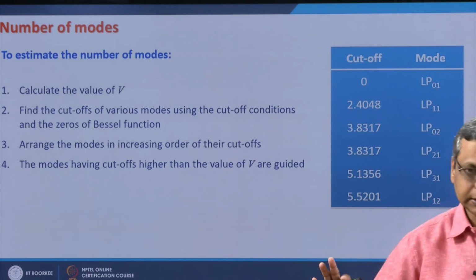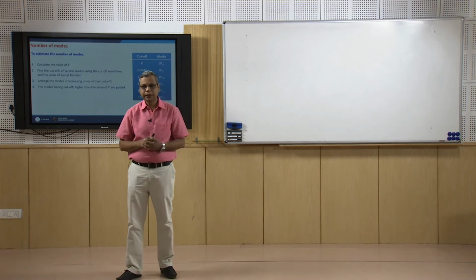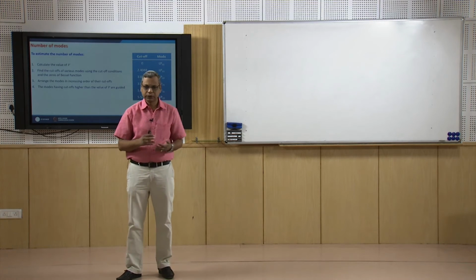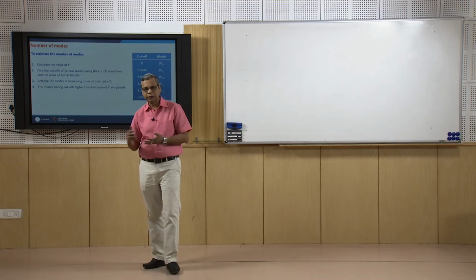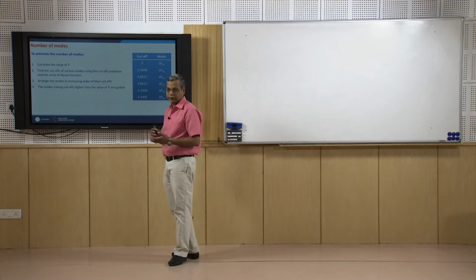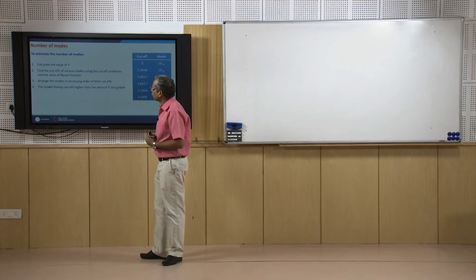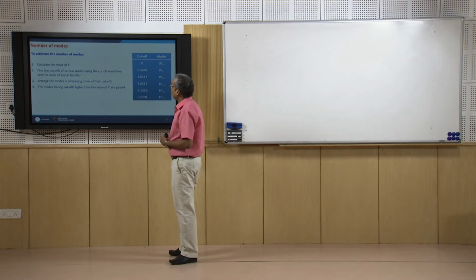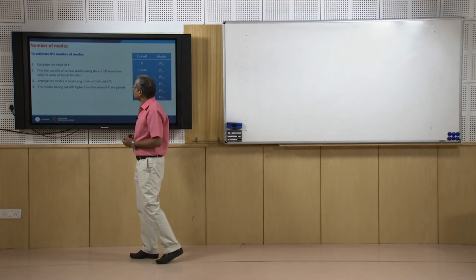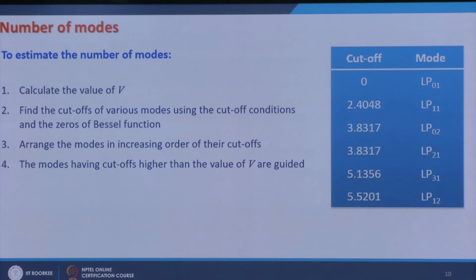So, for L equal to 0 modes, and for L not equal to 0, the cutoff conditions are in terms of the zeros of Bessel functions. So, you find the cutoffs and then arrange the modes in the increasing order of their cutoffs.